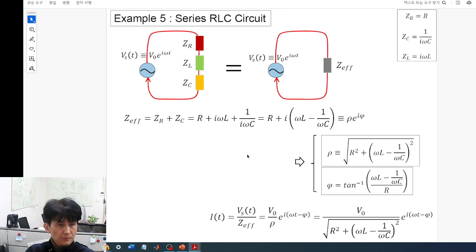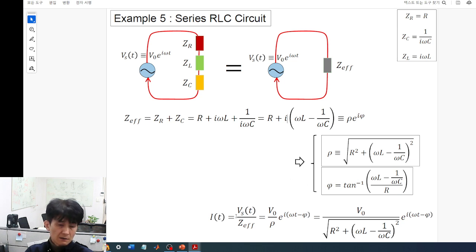So what if we have 3 components connected? Then we just add those things, and there are 2 imaginary parts here. If I take i out, omega L minus 1 over omega C comes out here. We define this as rho exponential i phi.